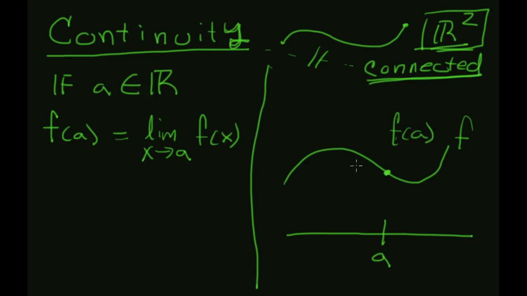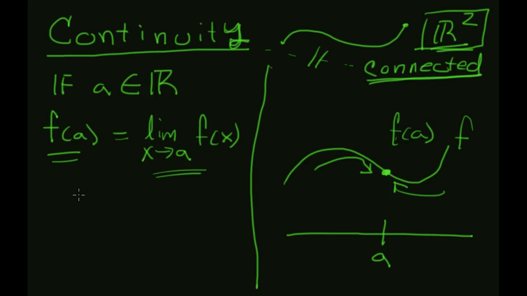And in this case, if I come at a from the left or I come at a from the right, it appears that I am approaching that value. So this is a case where f of a and this limit have the same value. Whatever f of a is, that's that value.